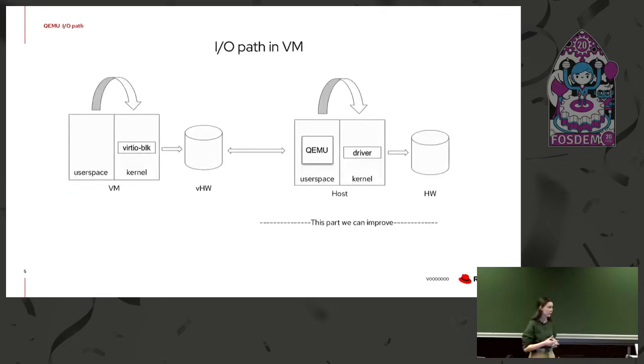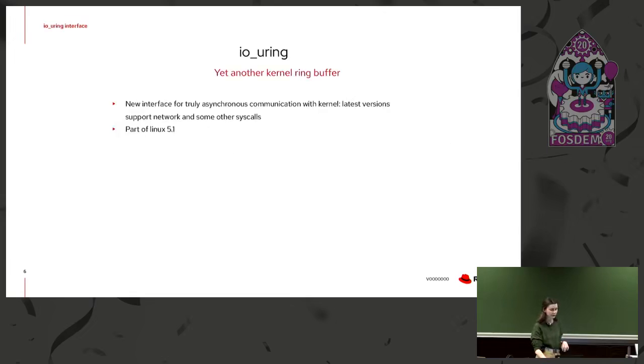So what can we do? We have this path from QEMU user space to hardware, and we can now improve it because we have the new I/O ring API instead of the existing Linux I/O.